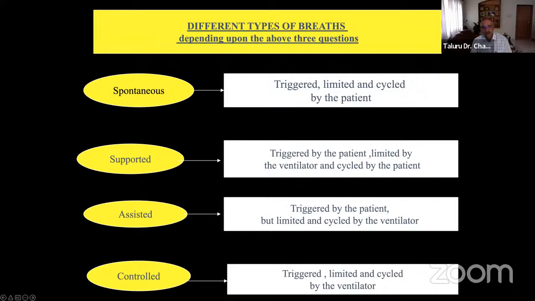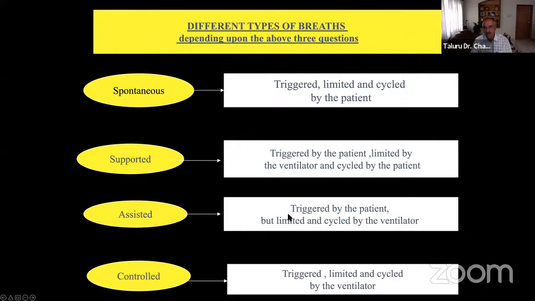So there are only 3 types of breaths. One is controlled, where all the three phases are triggered, limited, and cycled by the ventilator. If it is a volume breath, it is volume limited. If it is a pressure breath, it is pressure limited, and it is time cycled. Time triggered, time cycled, limited by volume or pressure.